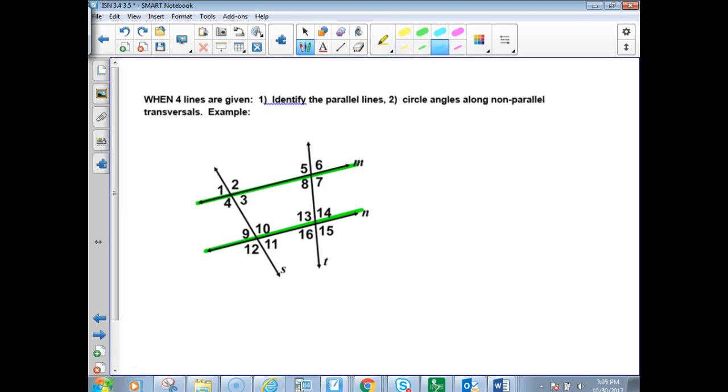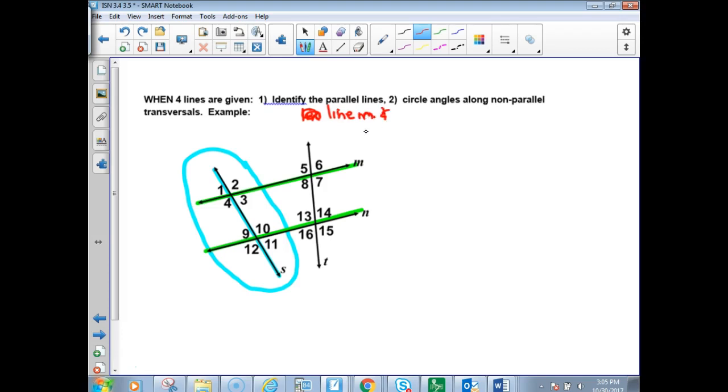All right, this transversal S cuts through lines M and N, which would give a relationship between these angles. So the parallel lines we just identified are line M and line N.